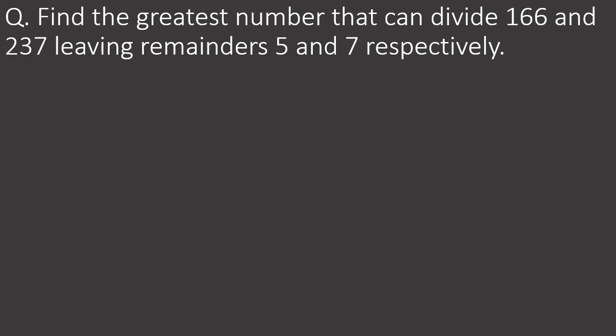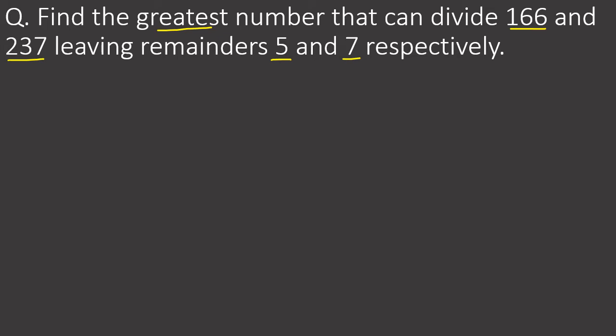Next question is, find the greatest number that can divide 166 and 237, leaving remainders 5 and 7 respectively. So here we have to find out that greatest divisor which can divide 166 and 237 and the remainders will be 5 and 7.